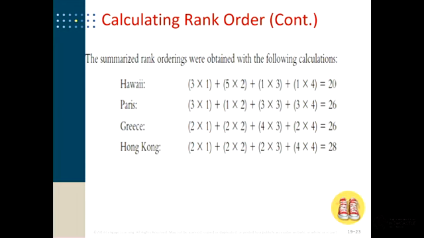So for Hawaii, we got 20. For Paris, we got 26. Greece, 26. And Hong Kong, 28. You understand the calculation? Okay. If you understand this, then can you tell me which one is ranked first? Which one is most preferred?